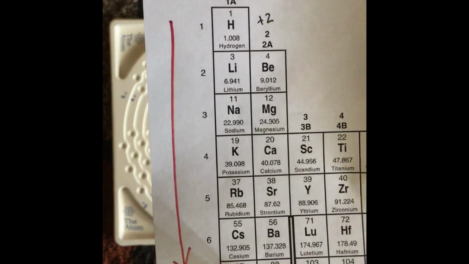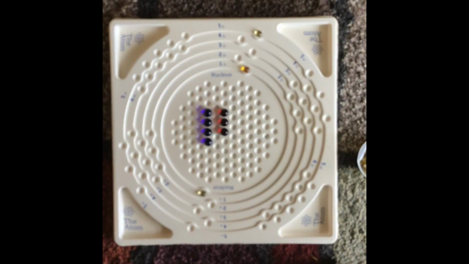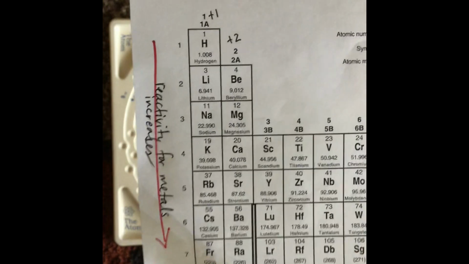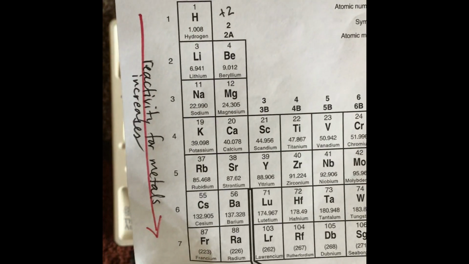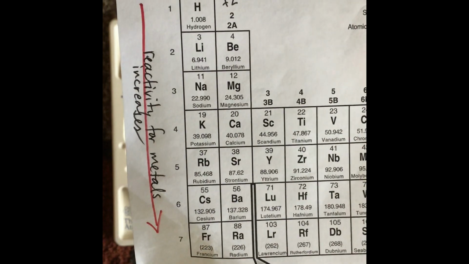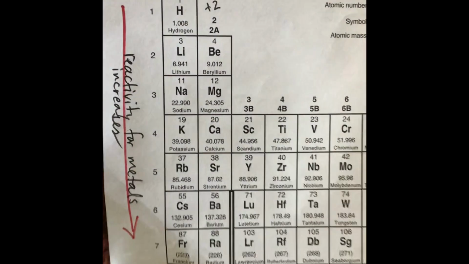And next to that arrow, I want you to write reactivity for metals increases. Like that. So you want to have an arrow on the left side of your periodic table pointing down saying reactivity for metals increases. All right? Remember, that's for metals. It's going to be different for nonmetals.